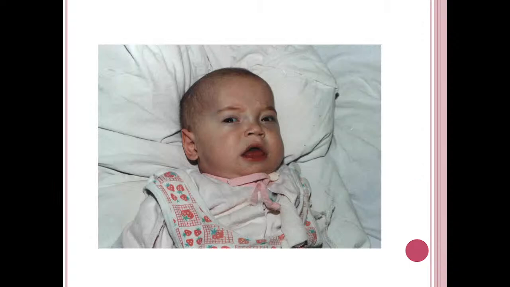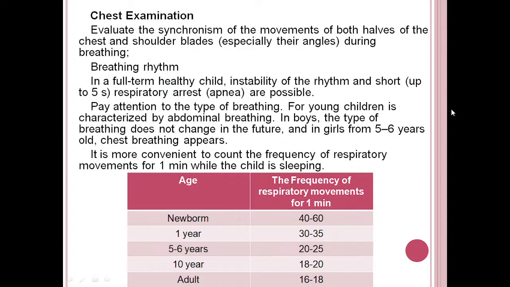Here you can see a baby with changes of the respiratory tract. You can see his open mouth because he has problems with his nasal breathing. He cannot breathe through the nose, and that means he breathes through the mouth. Chest examination.